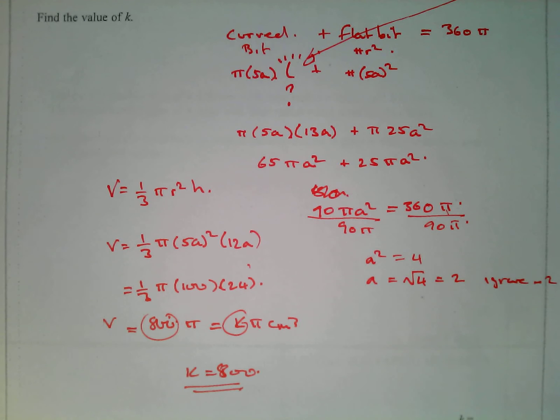So one third of 24 is 8, so 800 pi. That is equal to V, and they told us that is equal to k pi cm cubed, and therefore k is equal to 800.